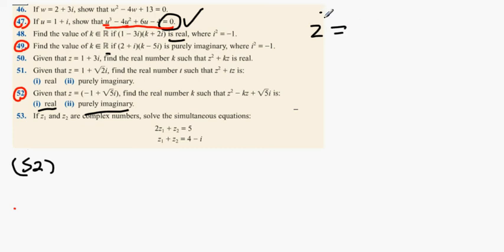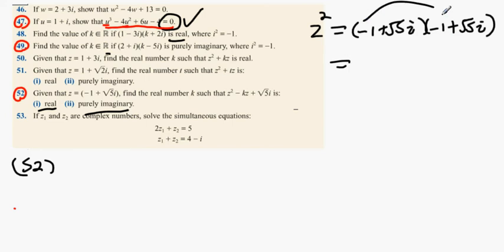So what I'm going to do is I'm going to write down z, and now I'm going to figure out what z squared is. Z squared is minus 1 plus root 5i, then minus 1 plus root 5i, multiply it out. Minus 1 times minus 1 is plus 1, then minus 1 times root 5i is minus root 5i. Sorry, the square root sign looks a lot like the number 5.